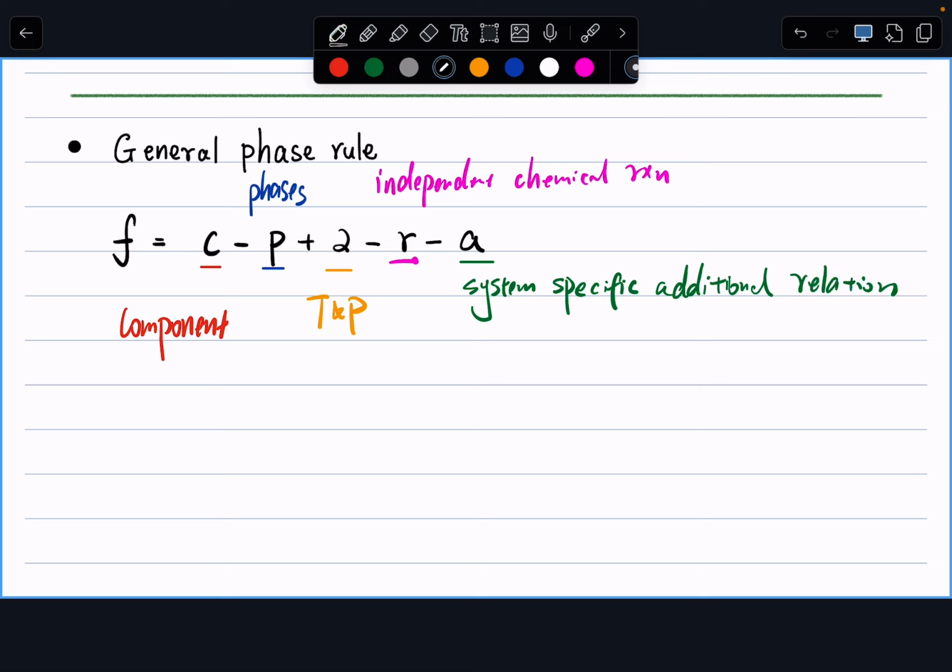All right. And to make our life simpler, typically chemists will define a term called independent component. So C_IND, that's independent component, and that equals C minus R minus A. So that's taking into consideration the reactions and any potential additional relations that we have.